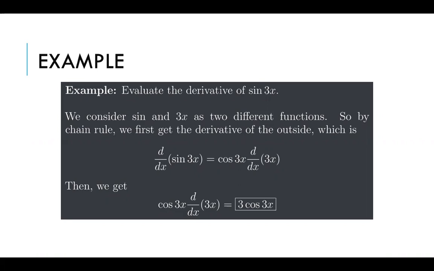The derivative of sine is cosine, and we will leave a d dx of 3x since we need to use the chain rule so that we can differentiate 3x. Then we get cosine 3x multiplied by quantity d dx of quantity 3x. This gives us 3, and multiplying it to cosine 3x gives us the final answer, which is 3 cosine 3x.